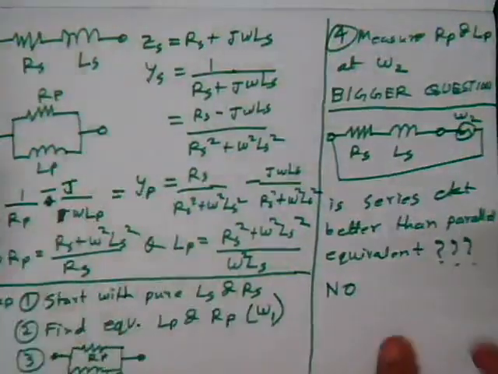Why? In the class, I told that this Rs comes in series with Ls because of coil resistance.